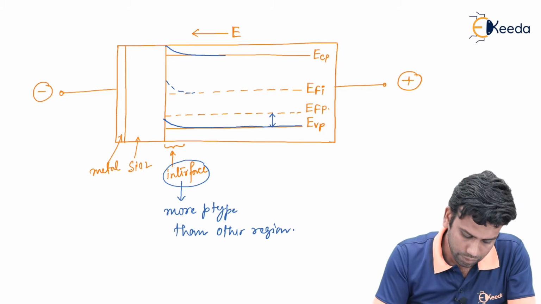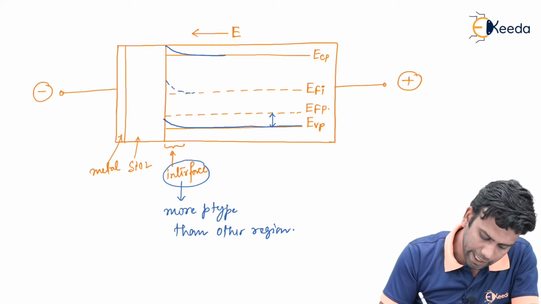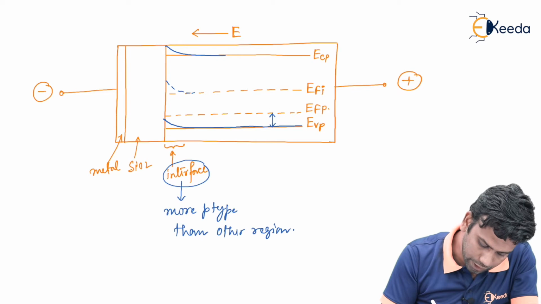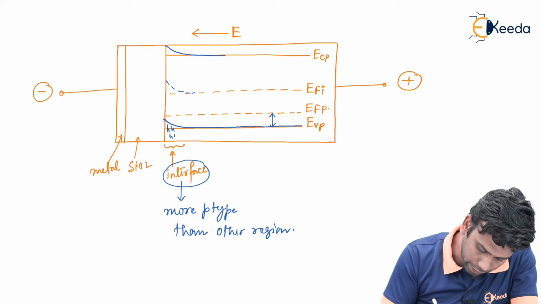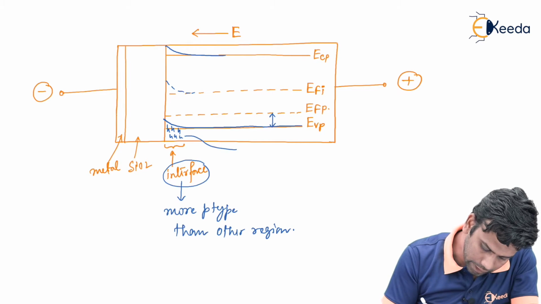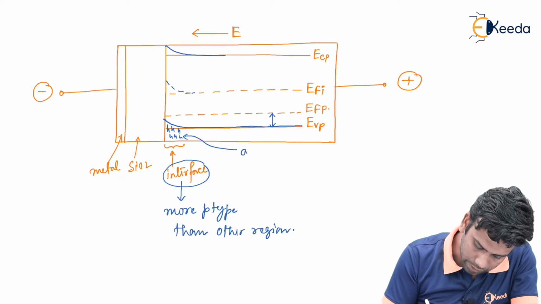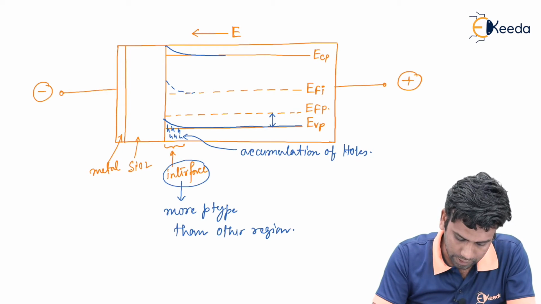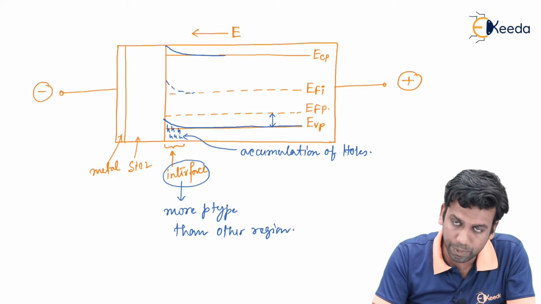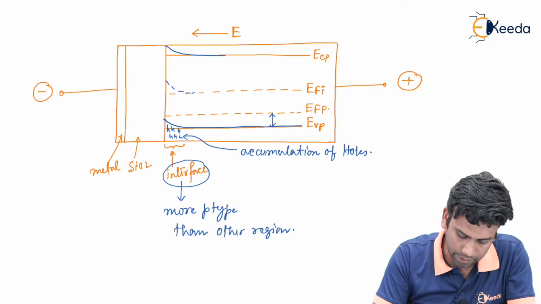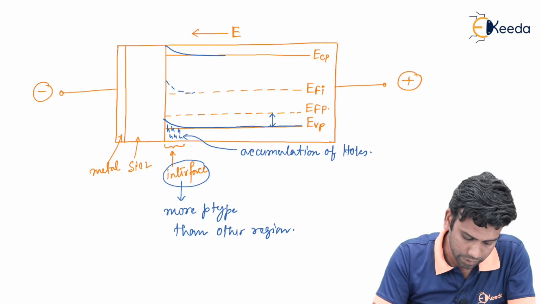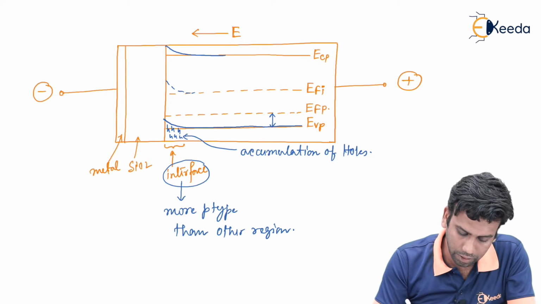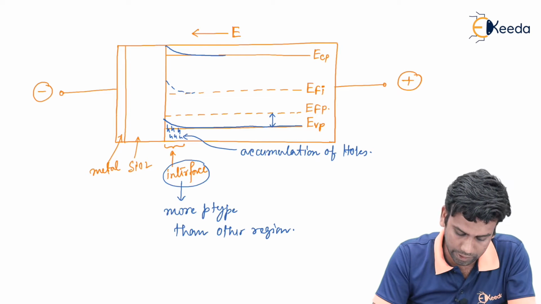Now we can say this band bending has been accumulated due to the accumulation of holes in this interface region. So I can write it as accumulation of holes at the interface. So accumulation of holes in a p type substrate MOS capacitor happens due to the application of this type of external voltage.